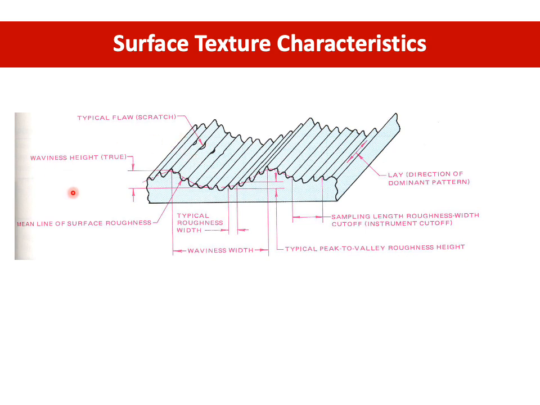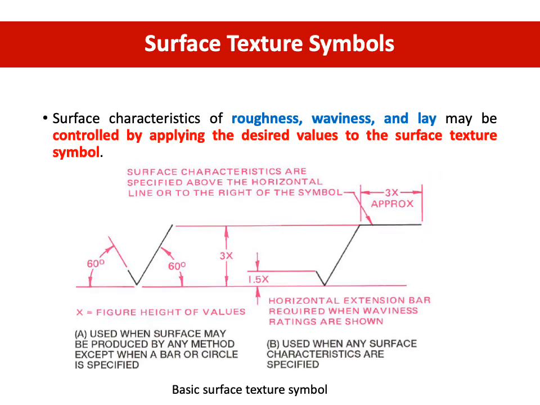There's waviness, and here is the pattern of the lay, and then the width. So this shows you the different characteristics of these surface textures, and also the surface symbols.